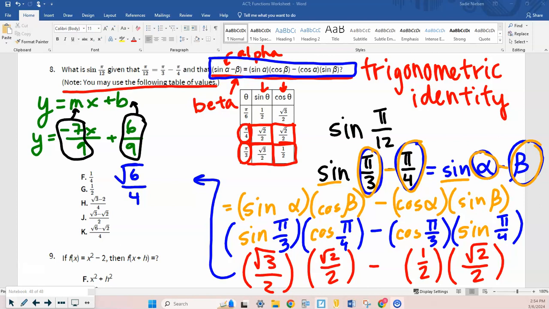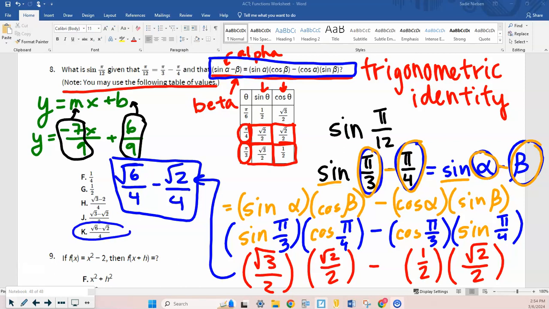Okay. And then right here, 1 times the square root of 2 is going to be the square root of 2. Okay. And then 2 times the 2 is a 4. All right, folks, where do you see this fraction? Is this one of our answers? Yes. Yes, right? Kind of in disguise, but it's okay. And the reason if you're like, well, how can it be the same?